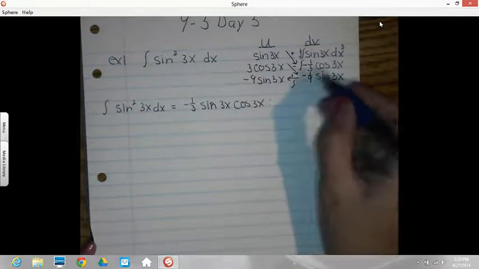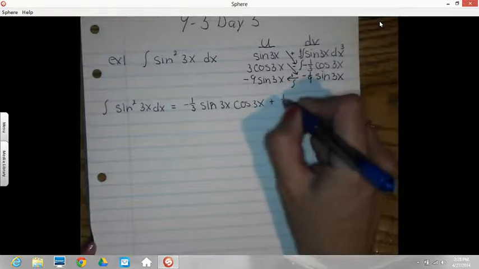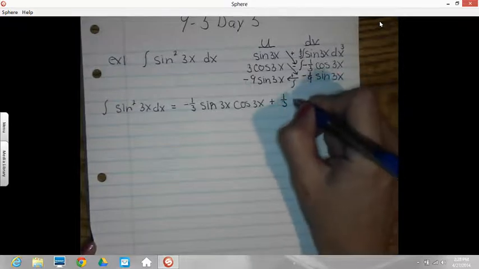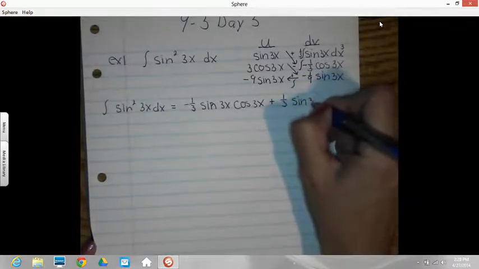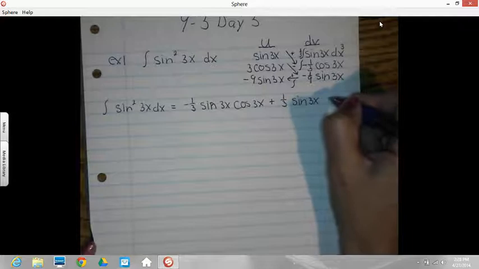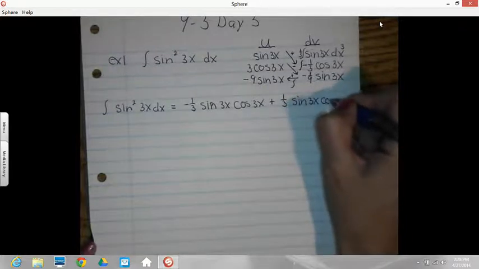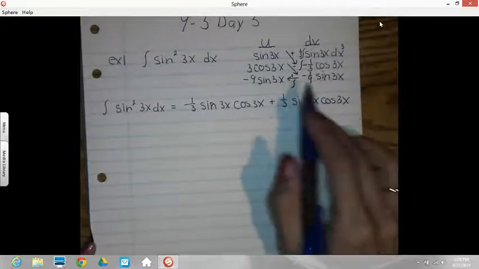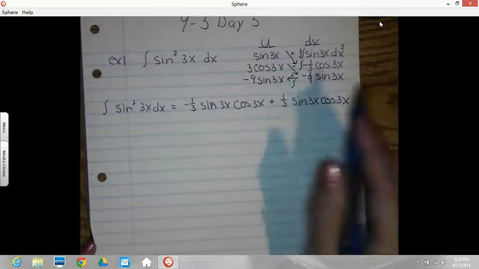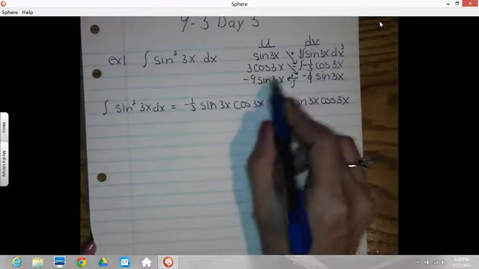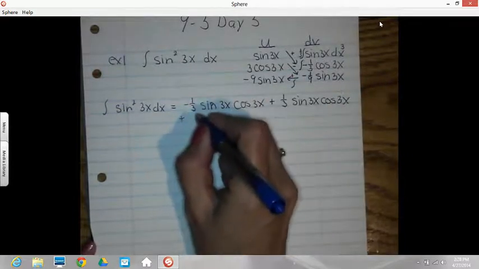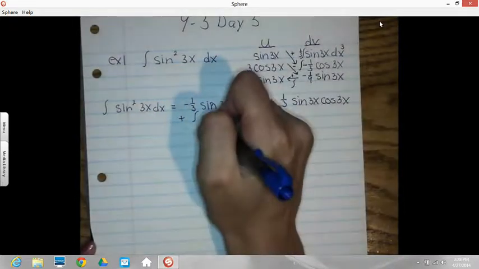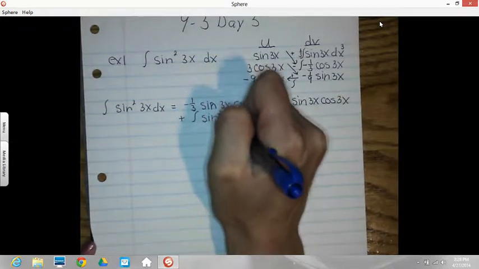We're going to have a positive 1/3 sine 3x cosine 3x. And then integrating, we'll have to be a plus, and the minus is plus the integral of, that'll go to 1 sine squared 3x dx.